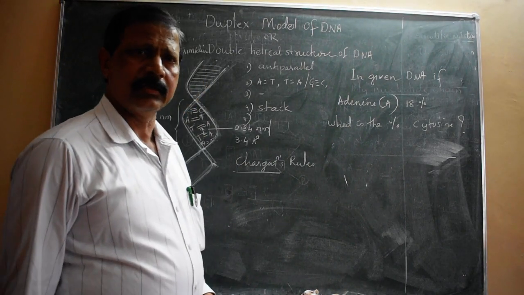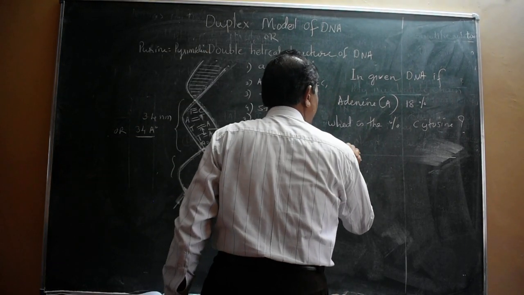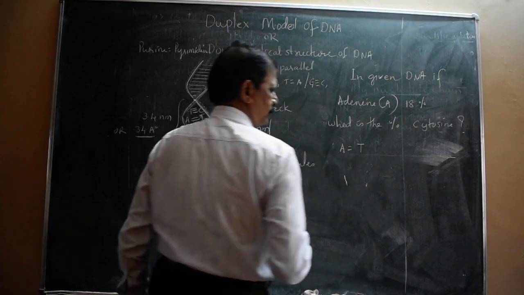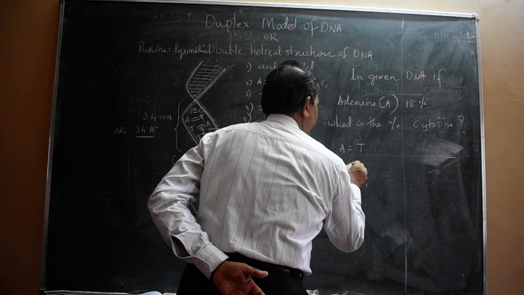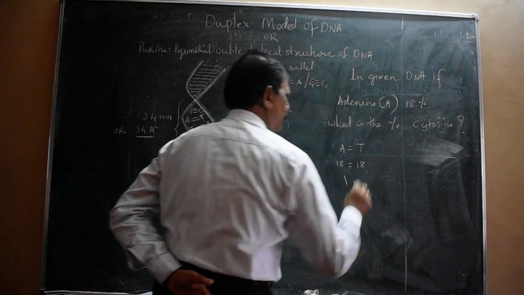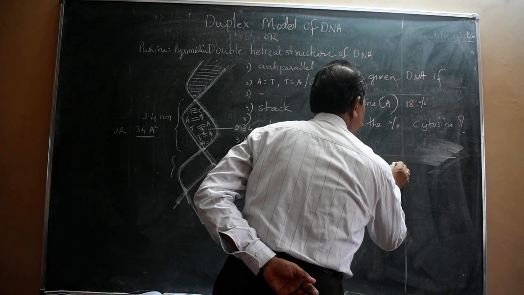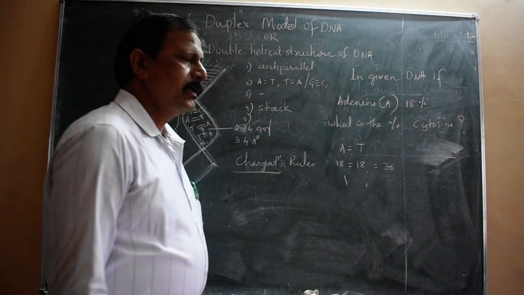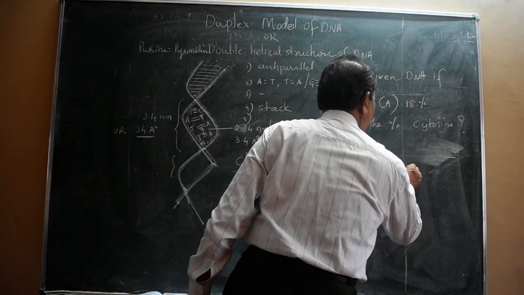How do you calculate here? Adenine 18% means adenine is always combined with thymine. So adenine 18% means thymine is also 18%, and that is equal to 36. Out of 100, 36 is the percentage of adenine and thymine.